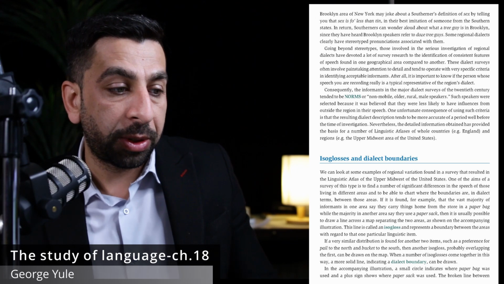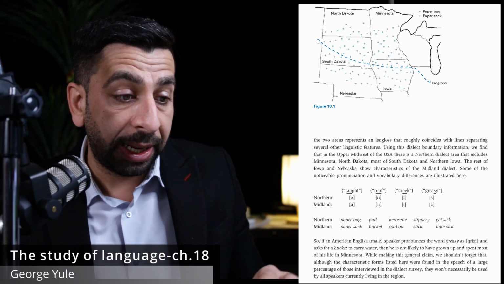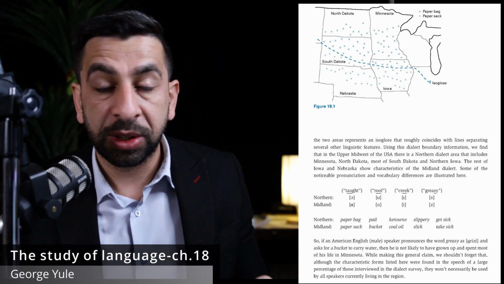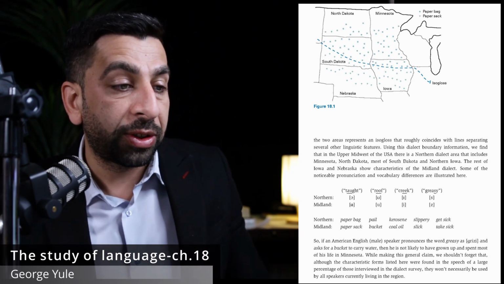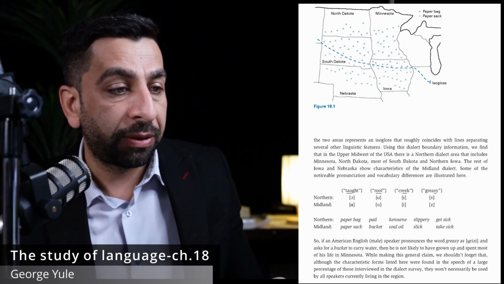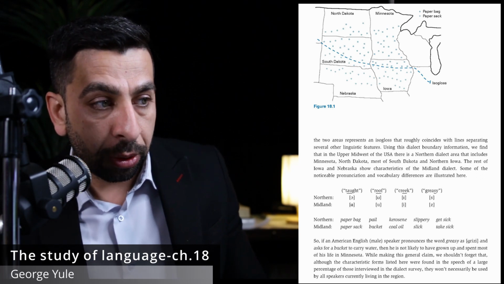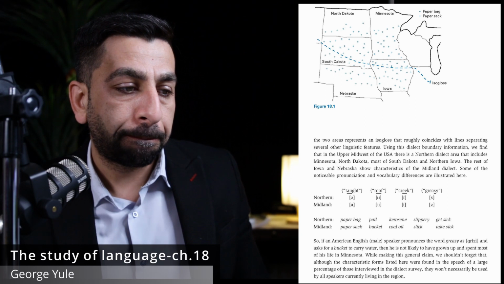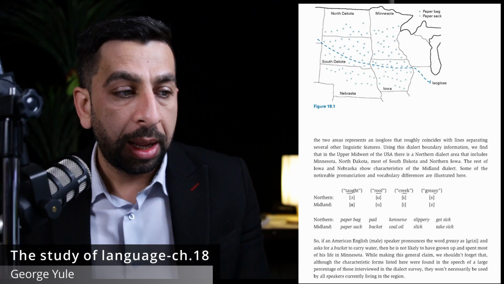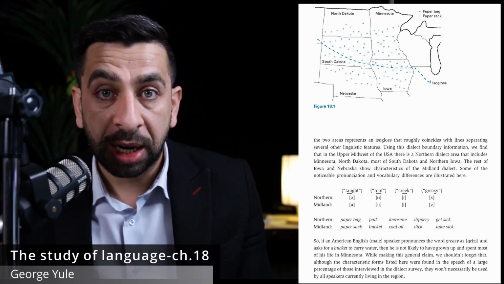The broken lines between the two areas represent an isogloss that roughly coincides with a line separating several other linguistic features اللي يفصل بعض الخواص اللغوية الأخرى مثل مدى تباعد بالخريطة. فهنا الآيسوغلاس هذا اللي يفصل آيوا عن مينيسوتا ويفصل ساوث داكوتا عن نورث داكوتا. نشوف هنا بعض الأمثلة اللي مستخدمين مثلا بالنورثرن يستخدمون taught، بالميدلاند يستخدمون taught.